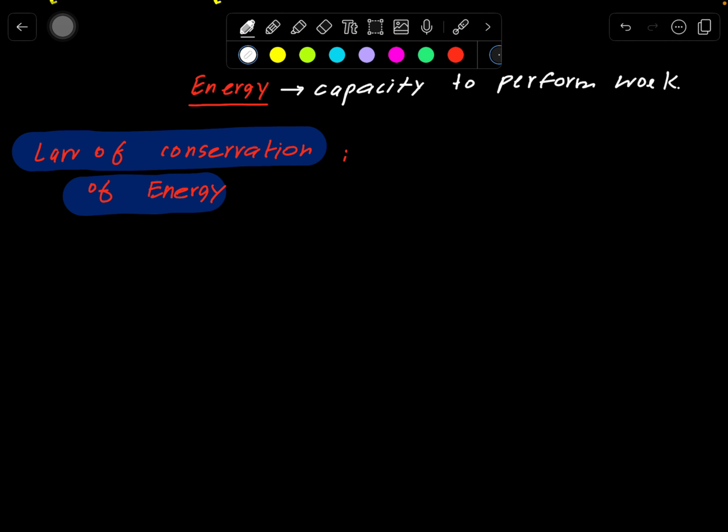It can only be transferred from one store to another. Basically, it means that you can't create energy out of nowhere or you can't destroy energy. It can only be transferred from one object to another or from one store to another. Okay?